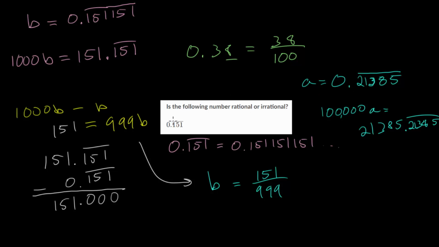So if it's a repeating decimal, it will always be a rational number. It's only when the decimal is infinite and it doesn't have a pattern to it, it does not repeat in any way, then it will be an irrational number. So something like the square root of 2 is 1.414, and there is no pattern to this.